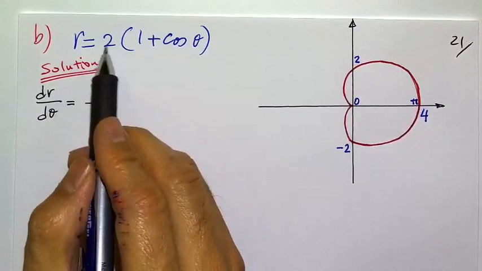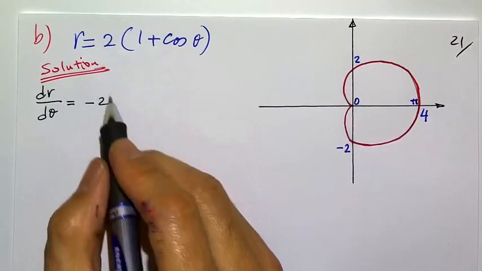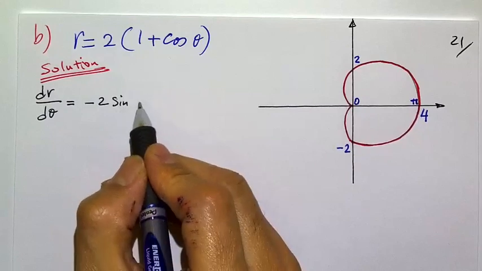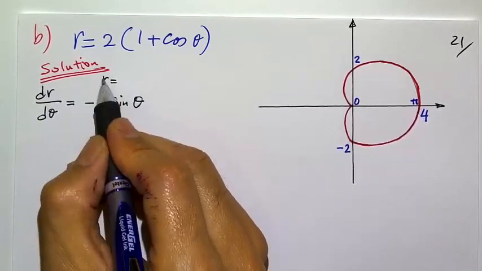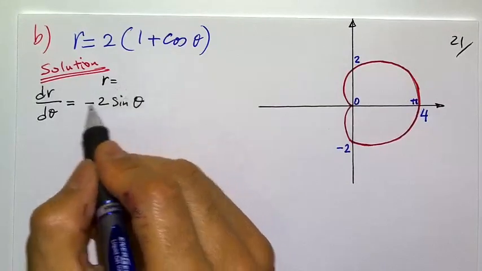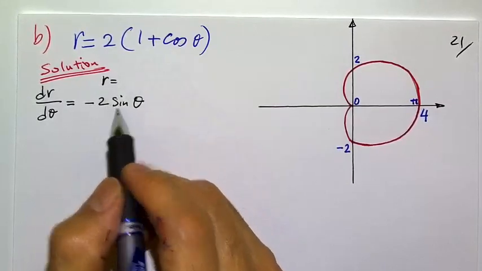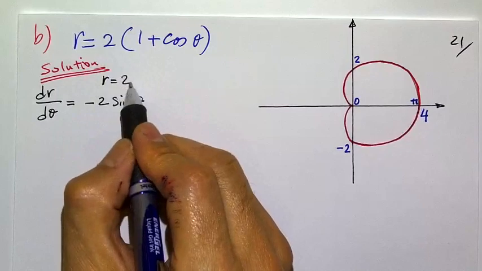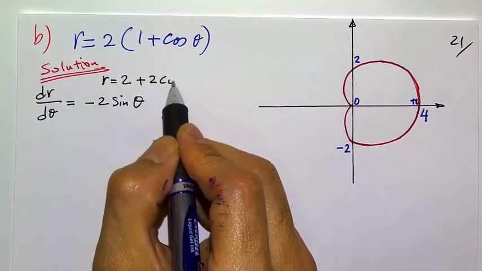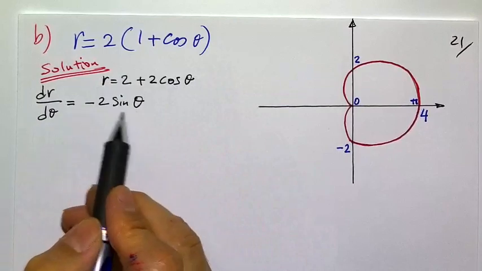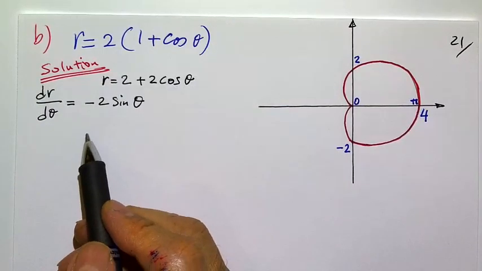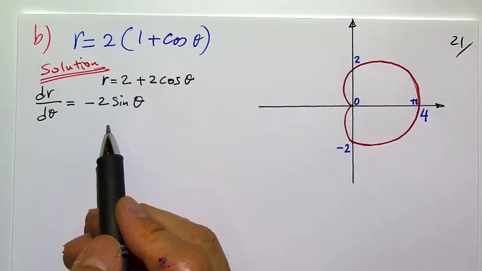So take the derivative after you distribute the 2. Well, let me do it because this might confuse people if I just jump to this. So r equals 2 plus 2 cosine theta. Now, using that, take the derivative and you'll have that, right? We all see this now.